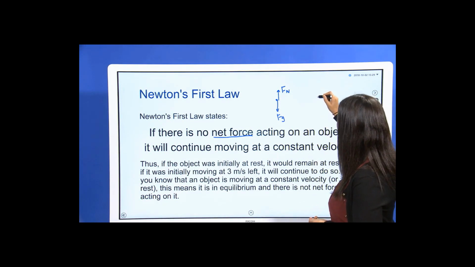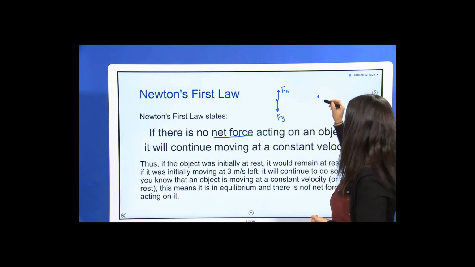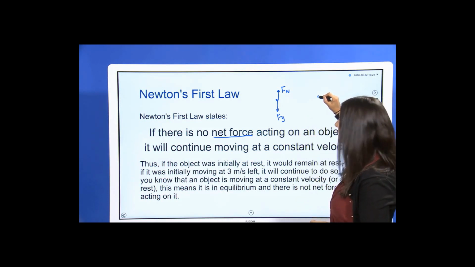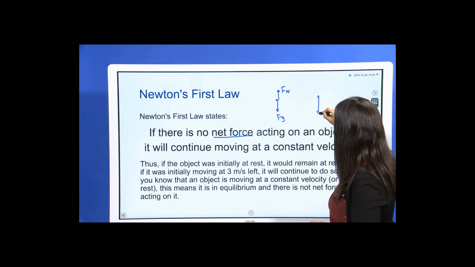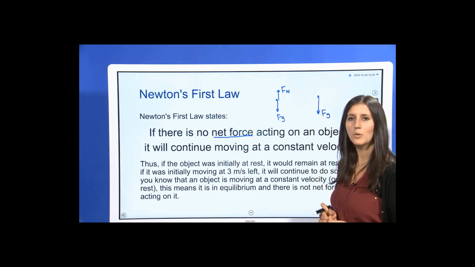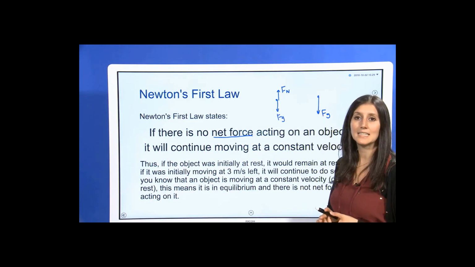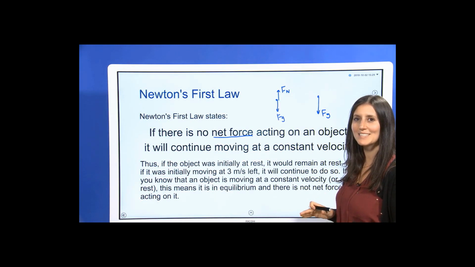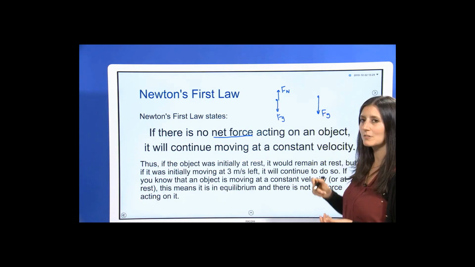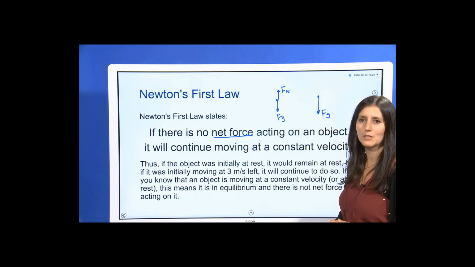If, for example, I have a ball and it's falling, the only force acting on it is the force of gravity, and that force of gravity is pulling it down. There is no other force acting on it. So that has a net force. The net force is not zero because this force of gravity is not balanced. It's not canceling out with another force.